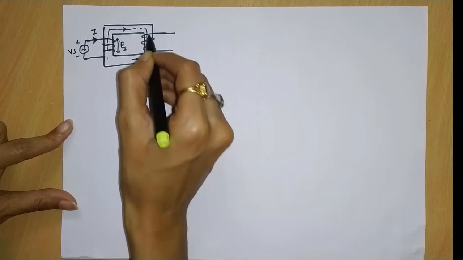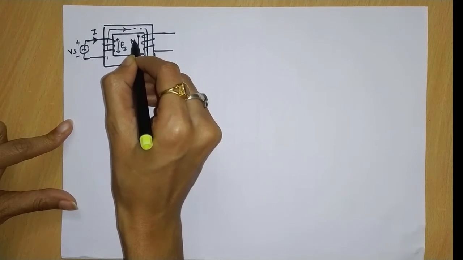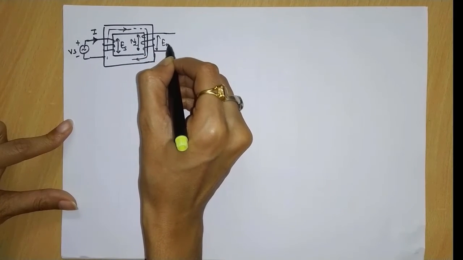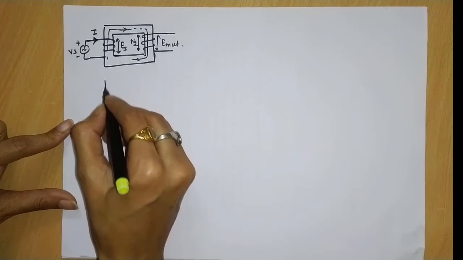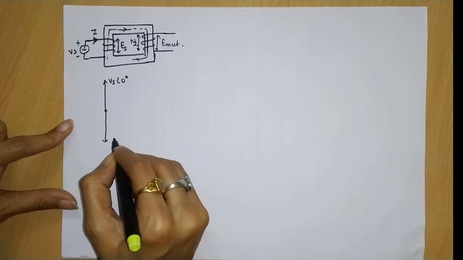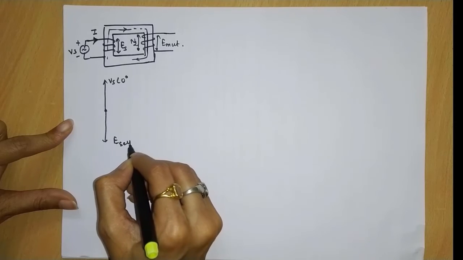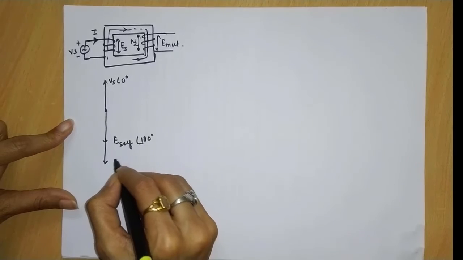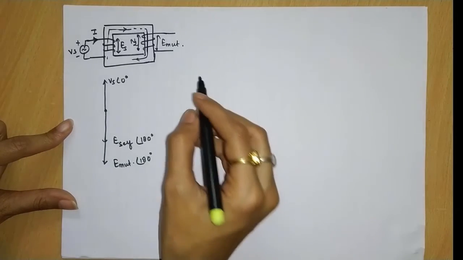This flux will link through N2 number of turns, and hence will produce mutually induced EMF. So, Vs at an angle 0 helps to induce self EMF in the primary at an angle 180 degree, and the self and mutually induced EMF are always in phase with each other.